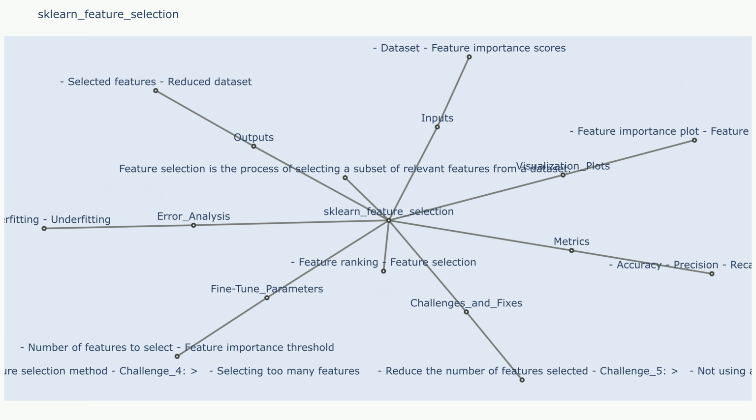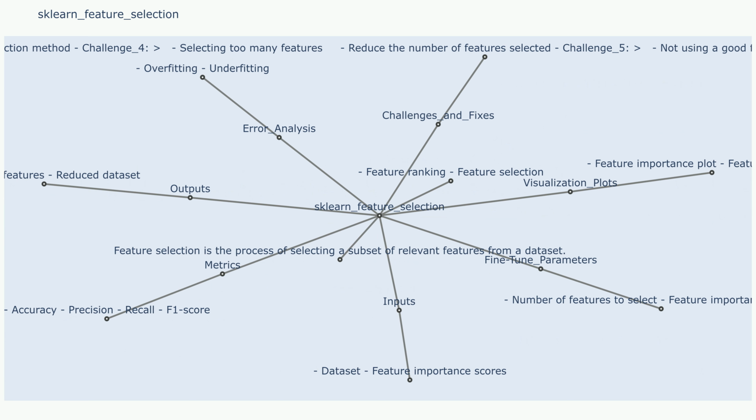It is especially beneficial when dealing with datasets containing a large number of features, many of which may be irrelevant or redundant. Feature selection can be broadly categorized into two types: filter methods, which select features based on their intrinsic characteristics, and wrapper methods, which evaluate features based on the performance of the chosen model.